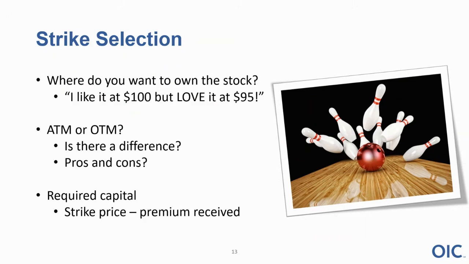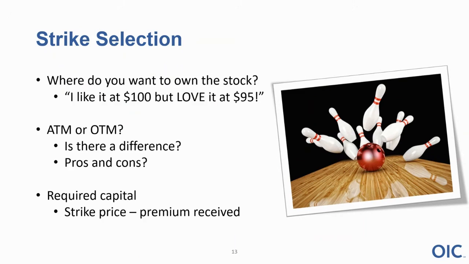But really, the main feature or the main process when it comes to strike selection is simply this. Regardless of whether we're talking puts or calls, buying or selling, there are two questions that every investor should really ask themselves before engaging in a trade.